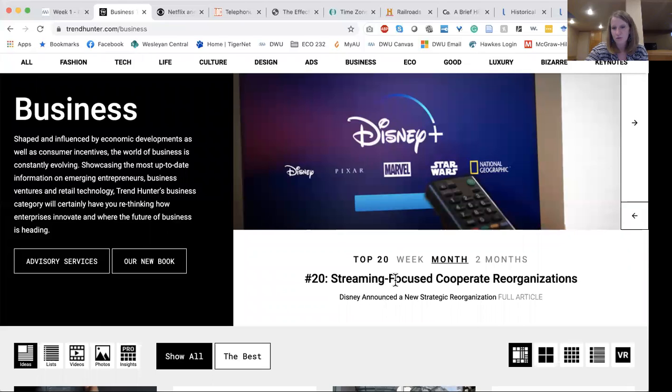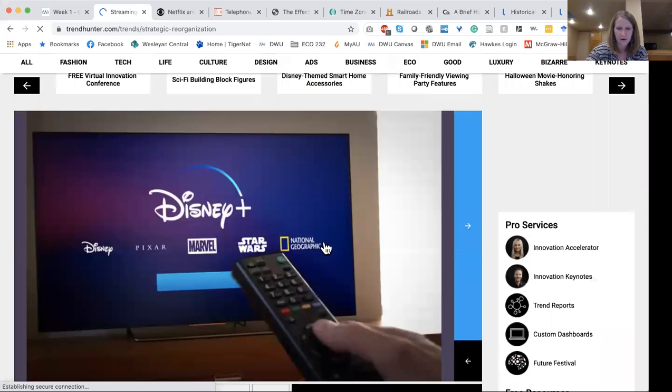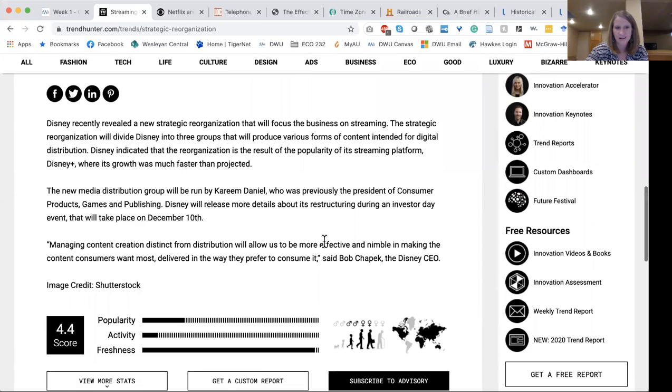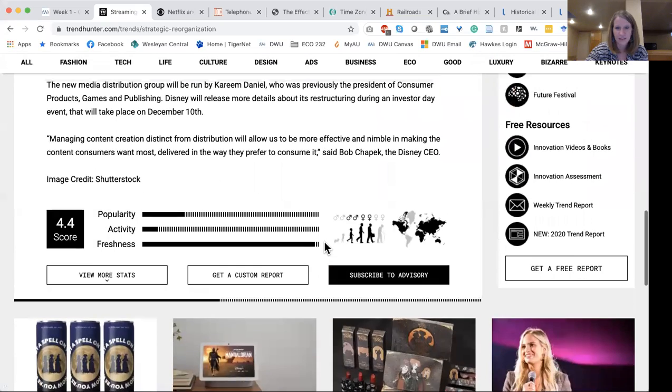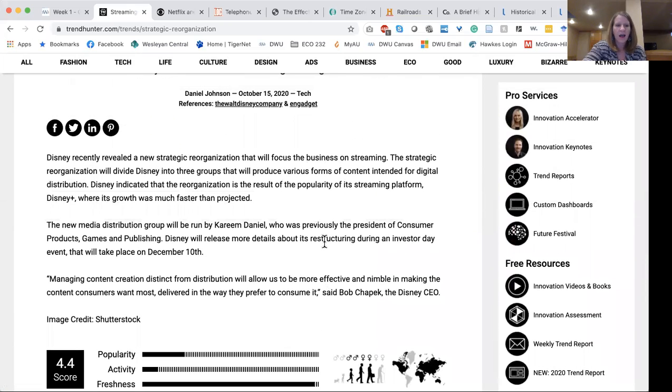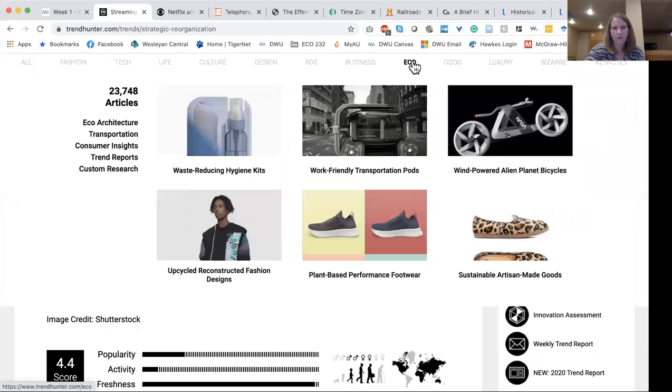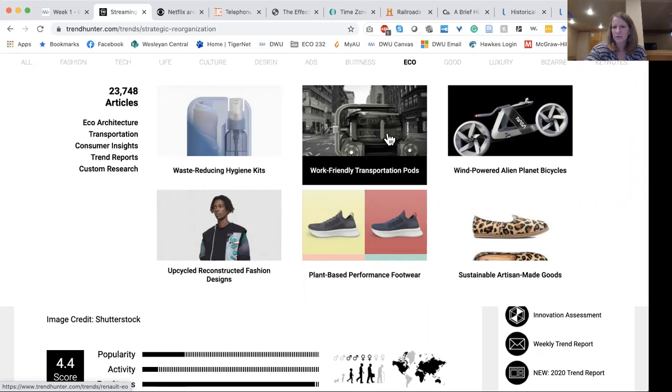What's Disney's new strategic organization? Click on the full article and it should take you there. Again, they're not very long. They've got some statistics, but look at your industry specifically, or look at the econ ones: waste-reducing hygiene kits, work-friendly transportation pods. That's just nuts when you think about it.